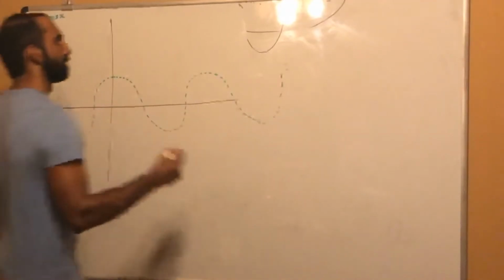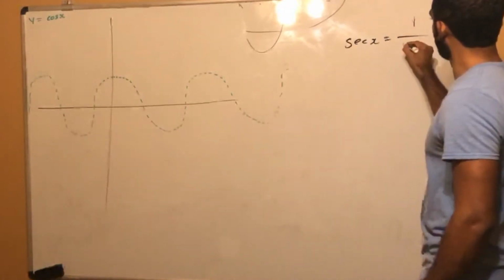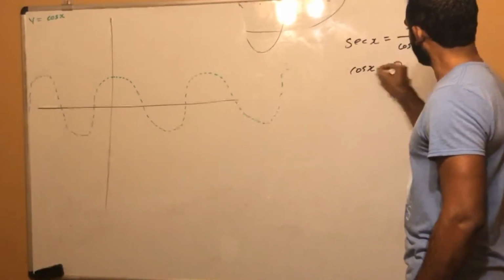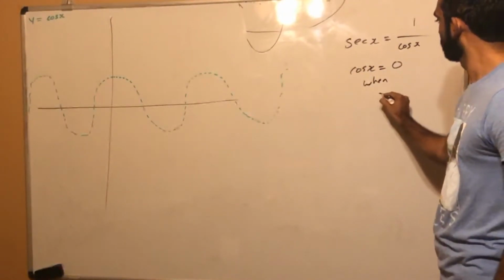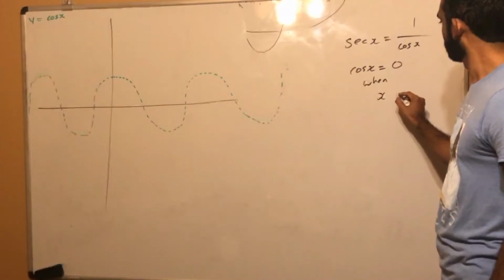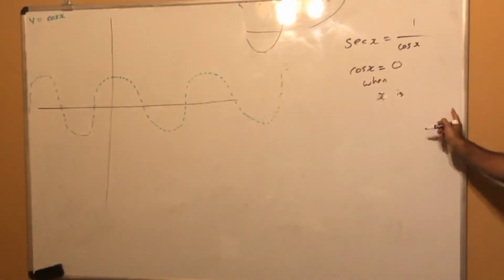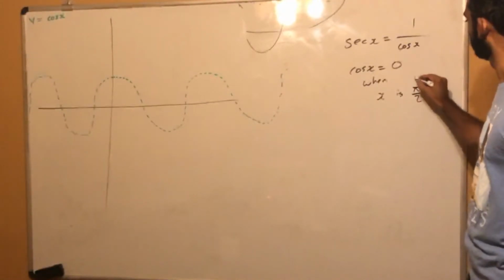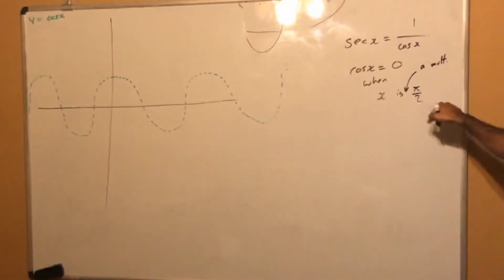Okay. So secant is 1 over cosine. Cosine is 0 when x is a multiple of pi over 2. But this one we don't include 0. 0 is not a multiple of pi over 2; we don't consider that.